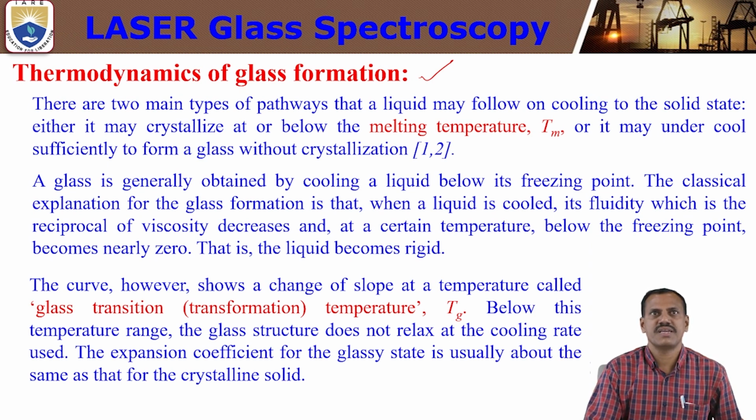The classical explanation of glass formation is that when a liquid is cooled, its fluidity, which is the reciprocal of viscosity, decreases at a certain temperature. Fluidity and viscosity are reciprocal, that is, inversely proportional. High viscosity means liquid nature.